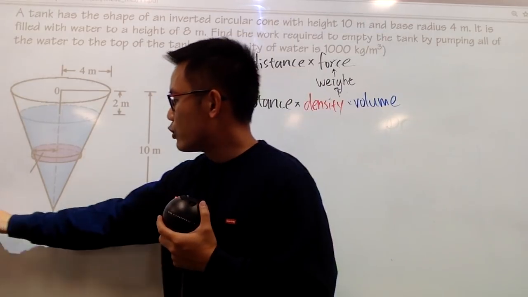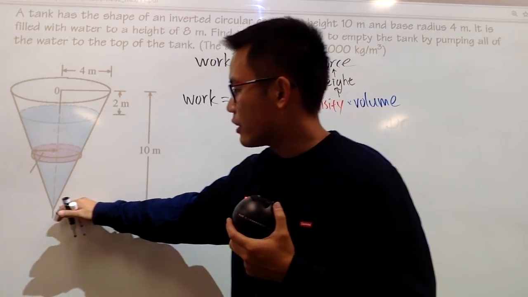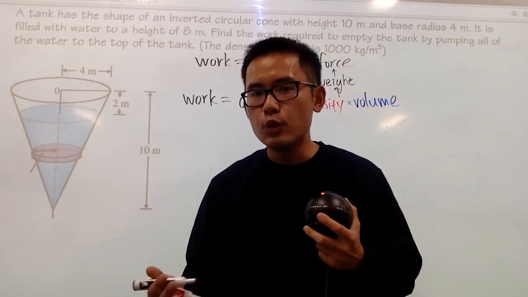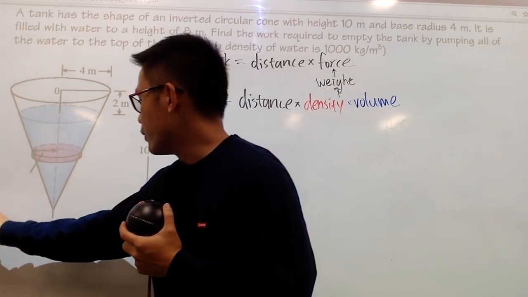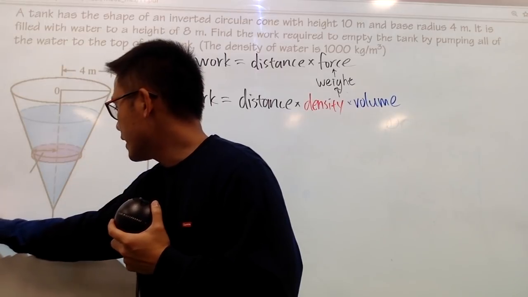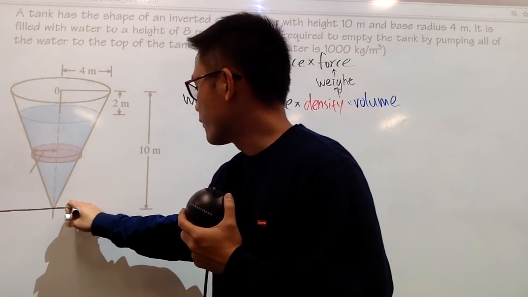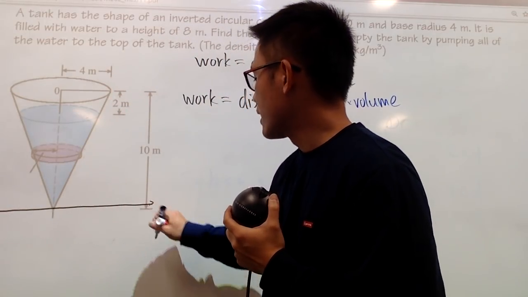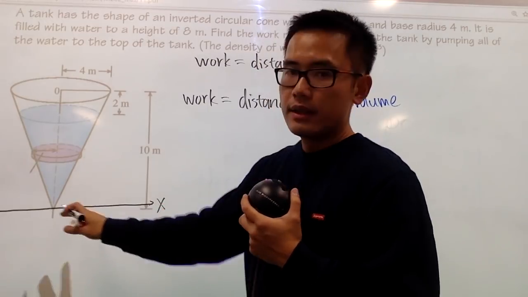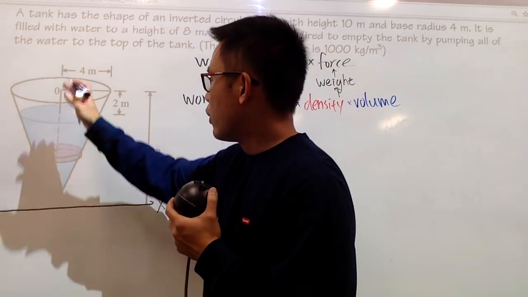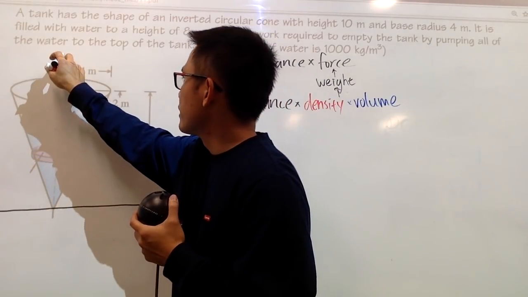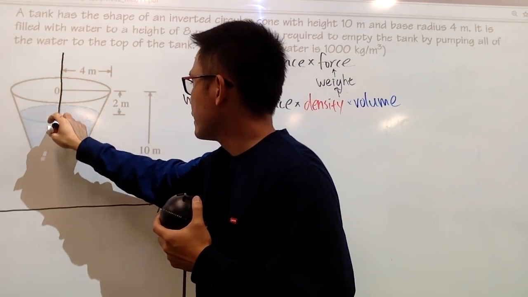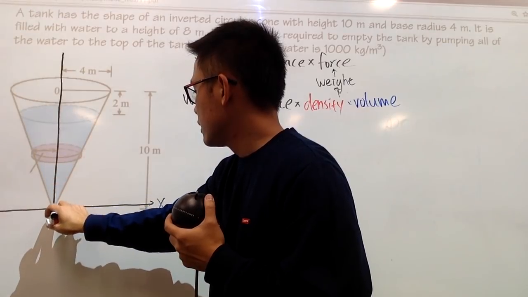I'm going to set up my reference frame with the x-axis here so that I don't have to deal with any negative y values. And let me do that right here for you guys first. So, once again, you have to set up your reference frame first in order to do algebra, okay? So, this is my x-axis. And of course, I will just cut this right in the middle for my y-axis. So, this right here is my y.